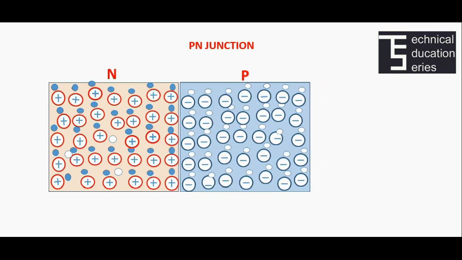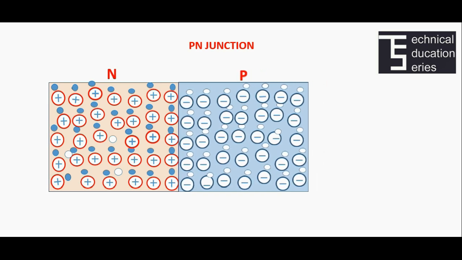Suppose this is the moment just before the formation of the junction, and we will explain what is going to happen at the time of forming a junction. At the moment when a junction is formed, current carriers, particularly from the area near the junction, will start to diffuse, so that electrons from the N region will diffuse to the P region and holes from the P region will diffuse to the N region.